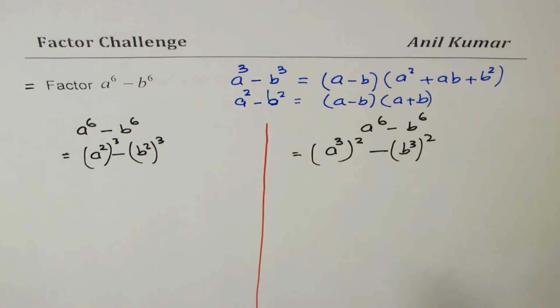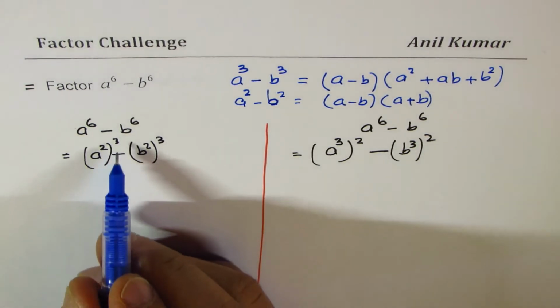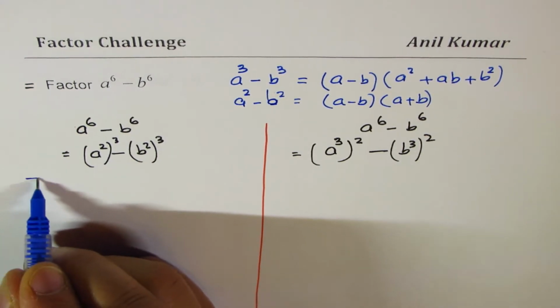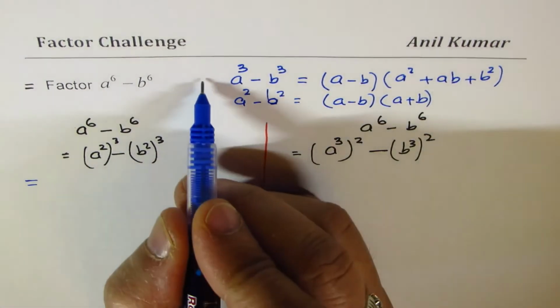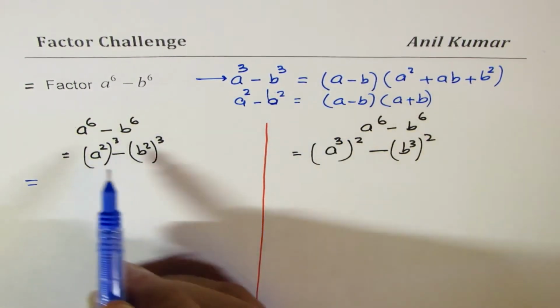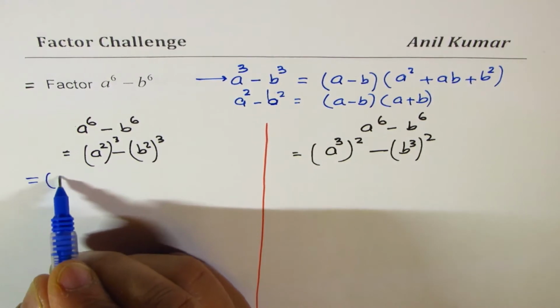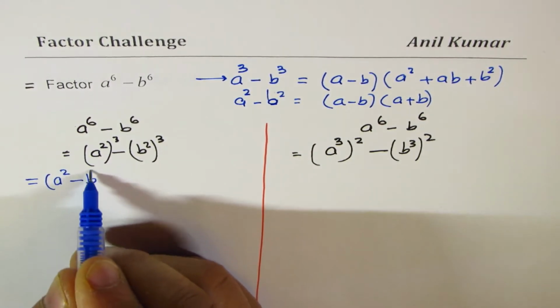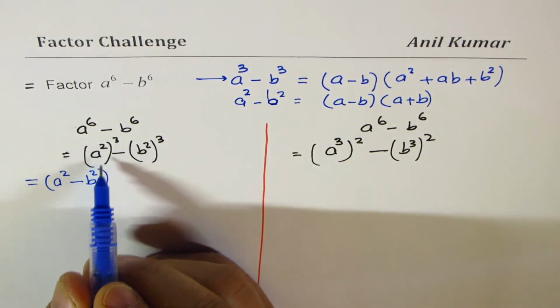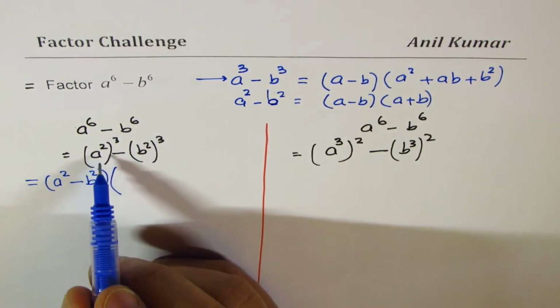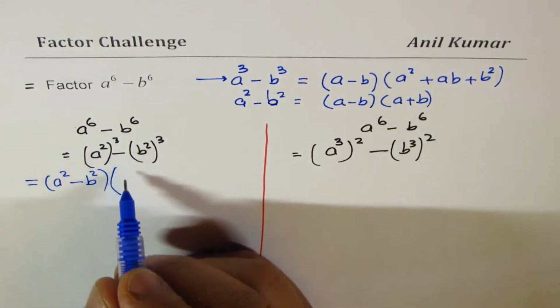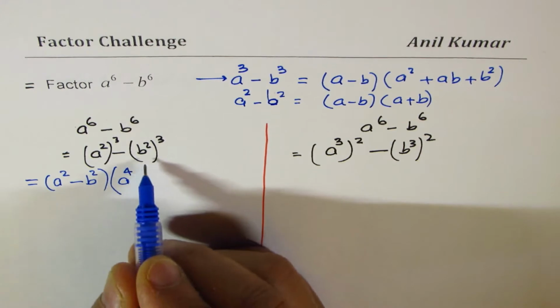So either way, you could do this particular question, correct? So let's try. If I do difference of cubes, I'll apply this formula first. So I'm doing a minus b. For me, a is a square, right? So a square minus b square, the term inside times square of these, a to the power of 4.